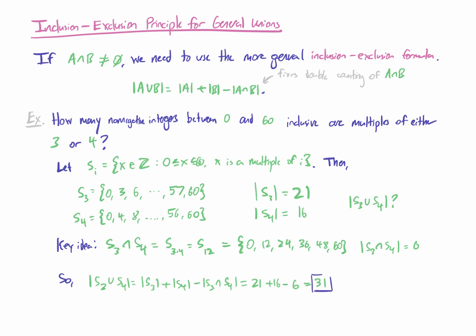So even if my sets are not disjoint, I can still use a version of the addition principle. I just need to make a correction for double counting of the intersection using the inclusion-exclusion principle.